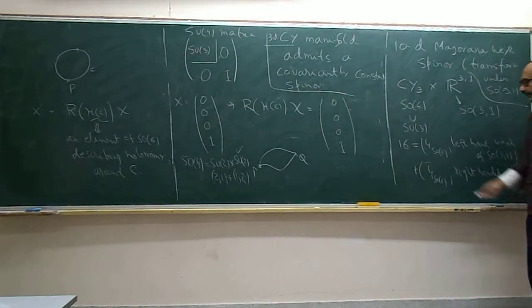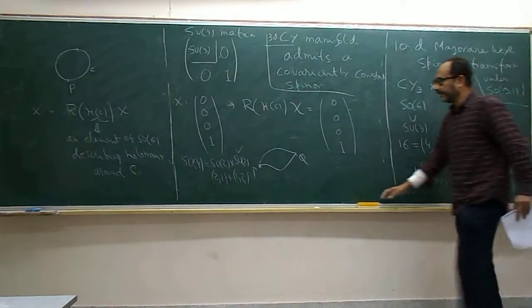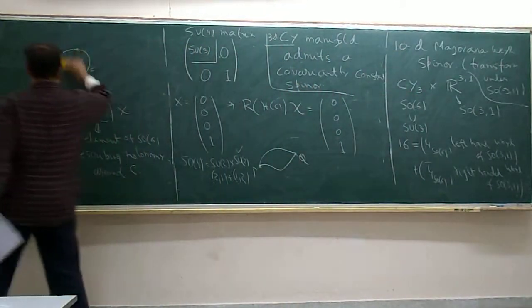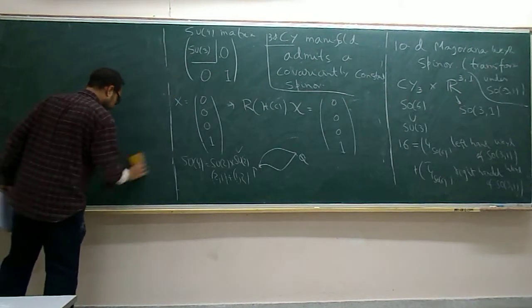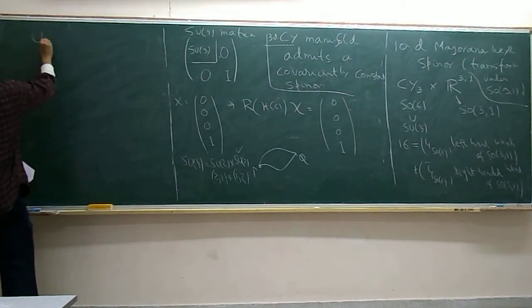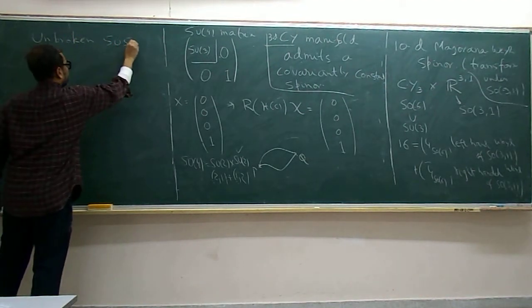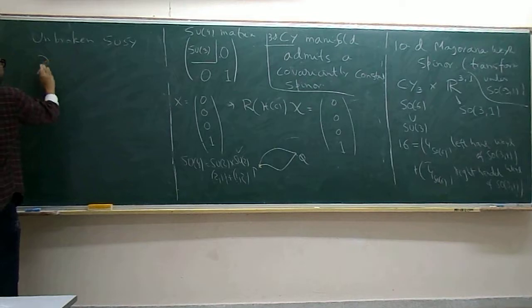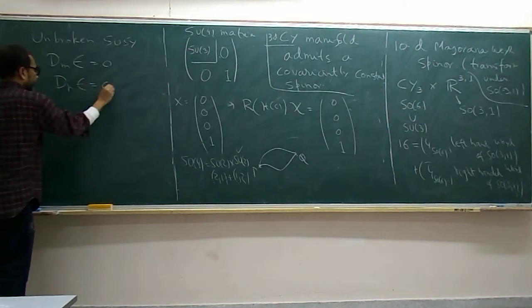So now, you remember that for unbroken supersymmetry, we need covariantly constant spinors. That was the condition. Unbroken SUSY requires that D_μ ε is 0 and also D_m ε is 0, because all covariant derivatives are defined.